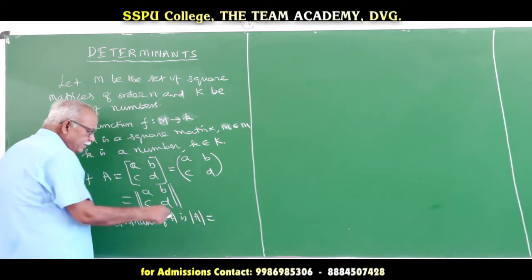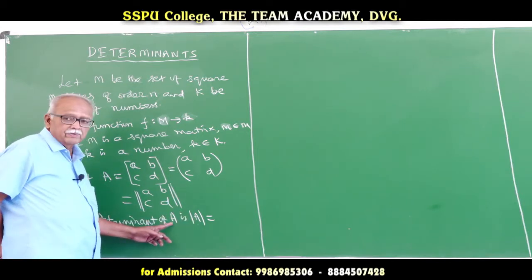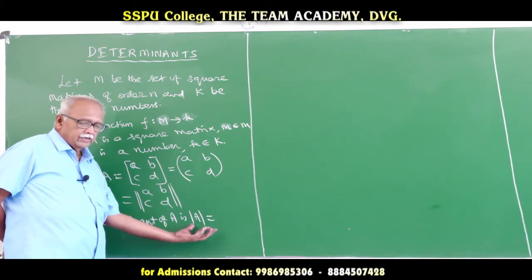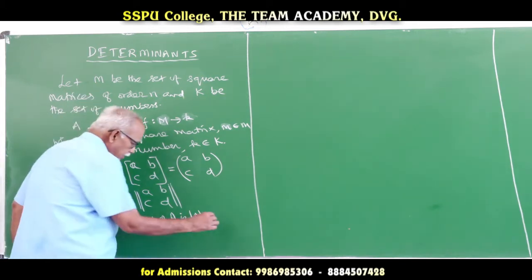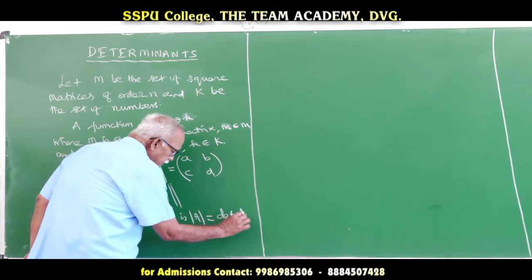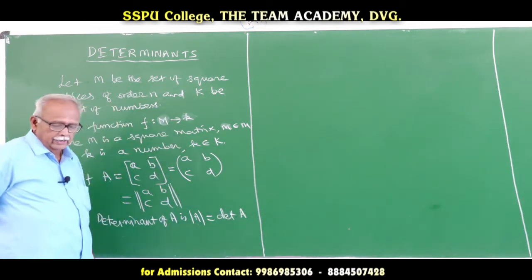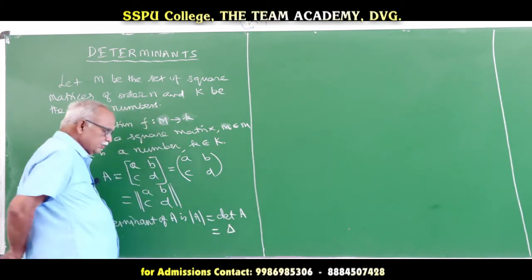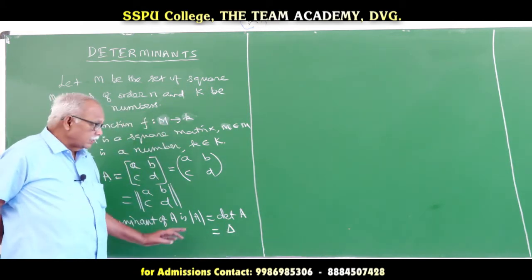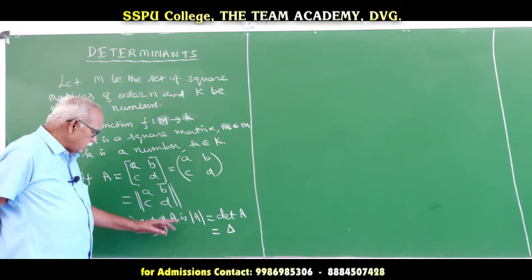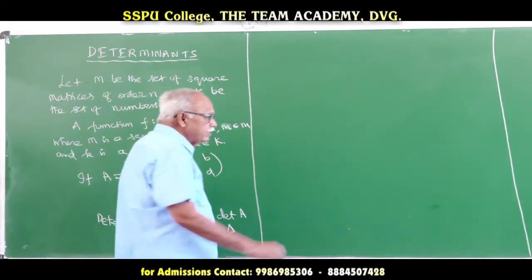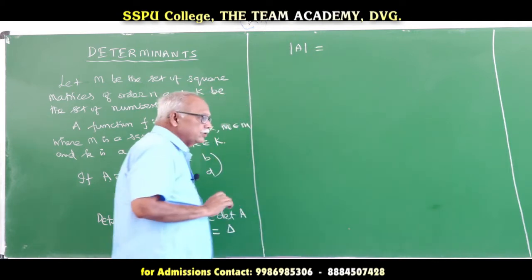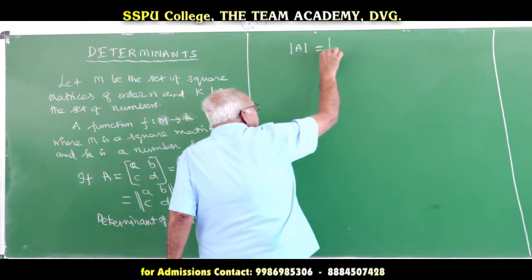Here, the determinant of square matrix A is det A, or you can write this as delta. These are the symbols used for indicating determinants. Now, I will write delta A, that is, the determinant of A is equal to.